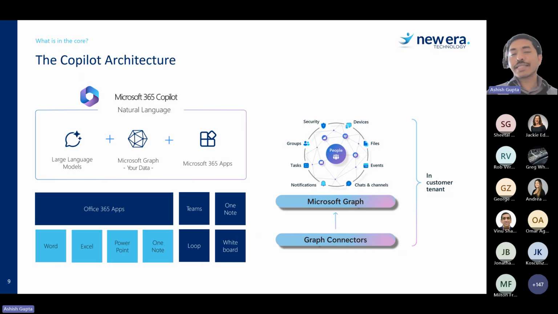Now this LLM, the large language model, is kind of a new term for you. Let me give you a brief introduction. LLM is nothing but kind of an AI algorithm, which uses the pre-trained GPT models, the generative pre-trained transformers models, which can understand natural language.